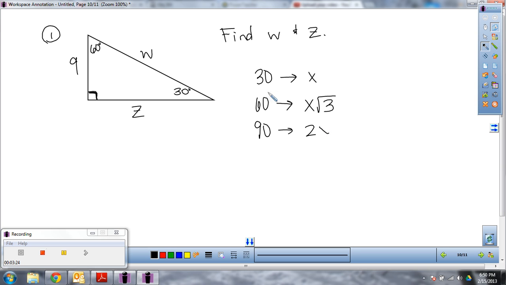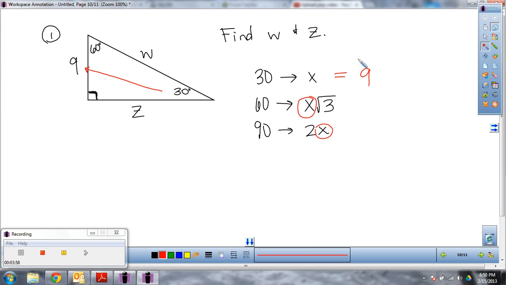Using this, we can find what do we know. Well, we have this information, 9, which happens to be across from our 30-degree angle. And again, across from the 30-degree angle, we know that's equal to x. So we know our x is 9. Once we know x, we can then easily find the measures of the other sides, because both the 60 and 90-degree representations involve the variable x.